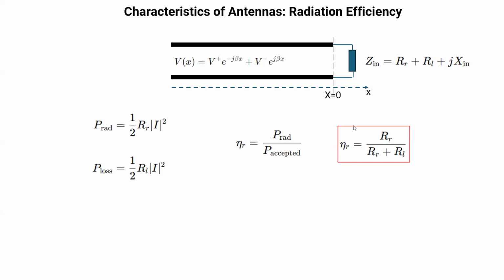Because when this radiation efficiency is small, let's say 10%, that means that the antenna radiates, or better say, consumes only 10% of the total consumed energy in the form of radiation, and the other 90% of consumed energy is consumed in the form of dissipation. So that antenna is not that good.